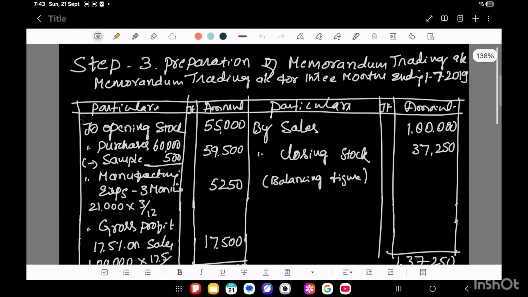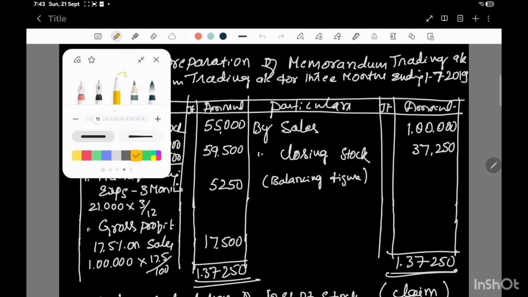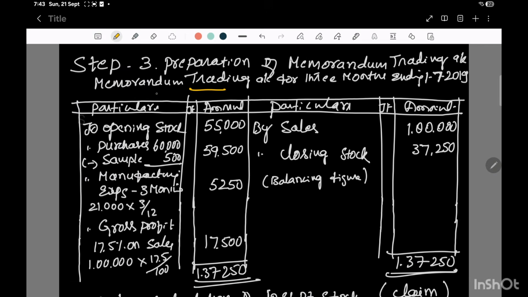The third step is to prepare the memorandum trading account. This memorandum trading account is to be prepared for the current year only for 3 months, because the accident happened in the month of July, from 1st April to July.